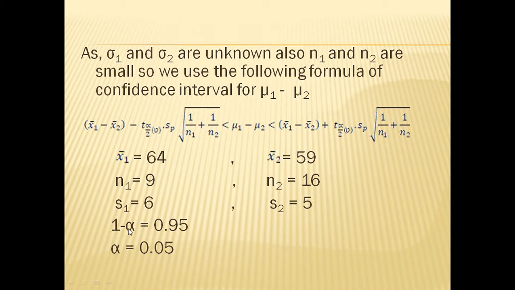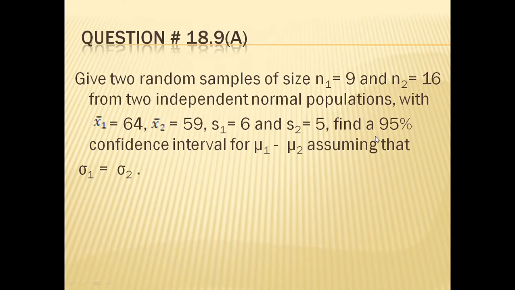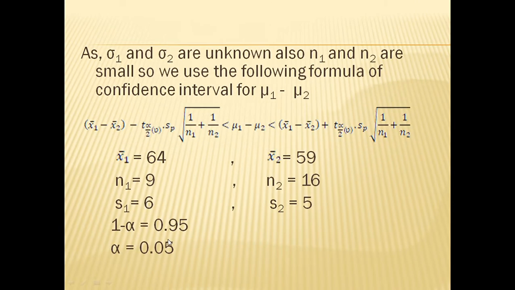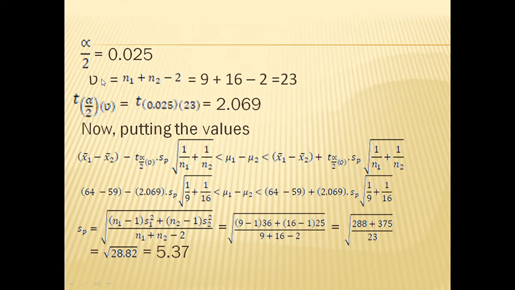Then 1 minus alpha is equal to 0.95, because it is a 95% confidence interval. Then alpha is 1 minus 0.95, which is 0.05. Now alpha divided by 2 is 0.025, and in the two sample case, nu is equal to n1 plus n2 minus 2. So n1 is 9, n2 is 16, minus 2, so we get 23.